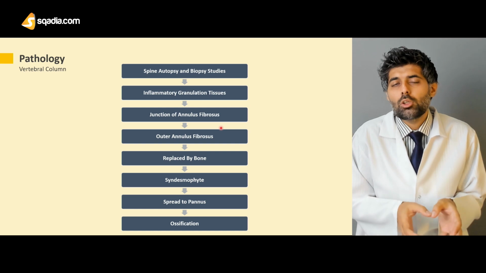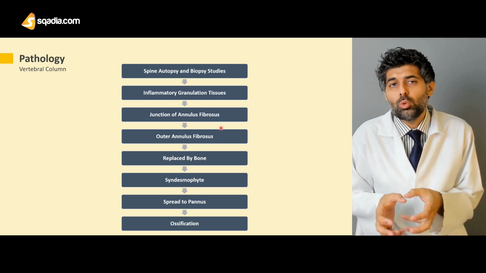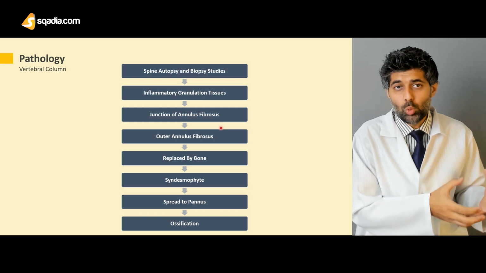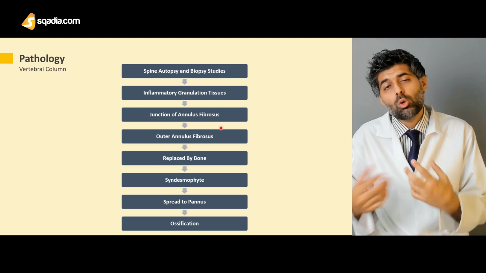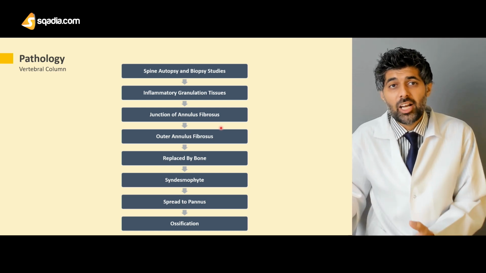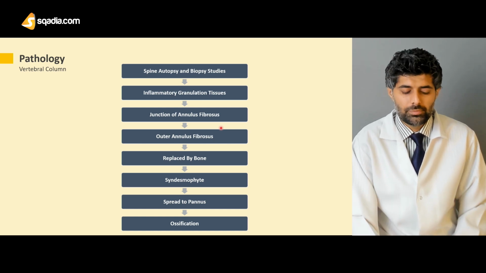So, whenever such ossification takes place, such patients not only lose their ability to move and their whole range of movement, but they are also more prone to fracture and damage to the spinal nerves.